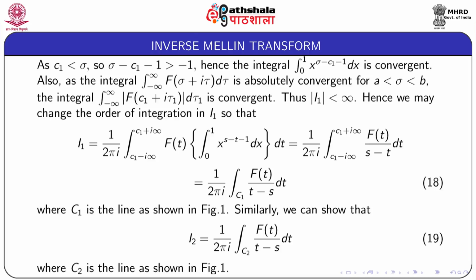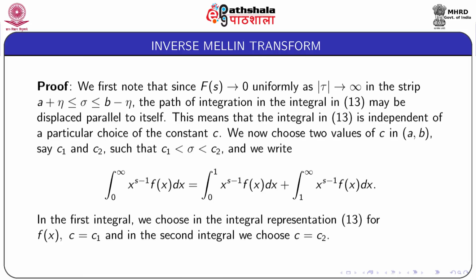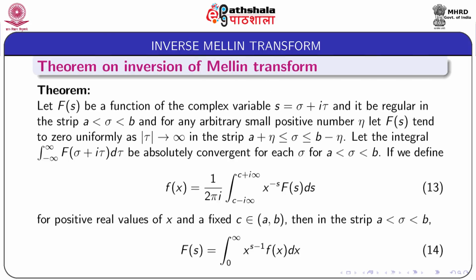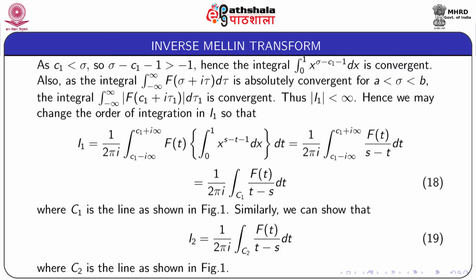Similarly, we can show that capital I2, which was the integral from 1 to infinity, this. Here we have already mentioned that in I2 we have used the representation of small fx from equation 13 with c equal to c2.